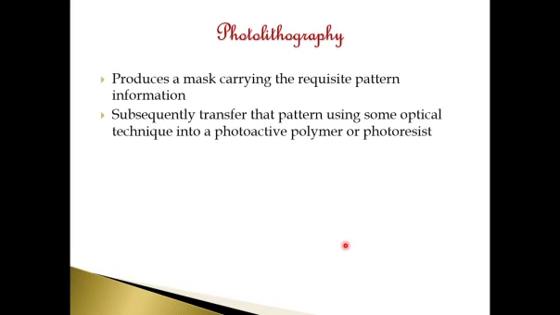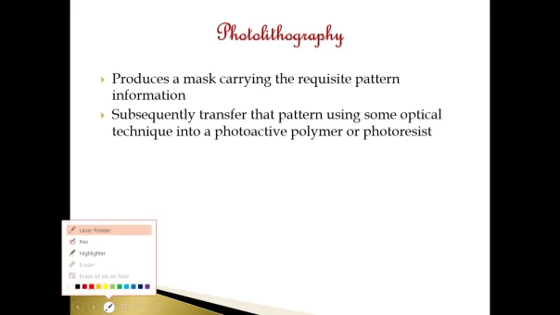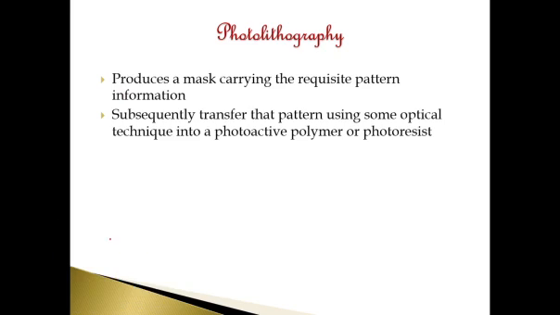So the next one is, let's see the features of photolithography technique. So in photolithography, what is used? Visible light is used, and hence the name photolithography. Earlier we have mentioned only optical lithography. So in optical lithography, let me write it out.